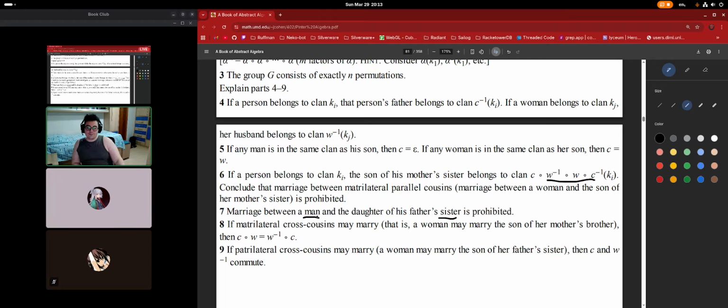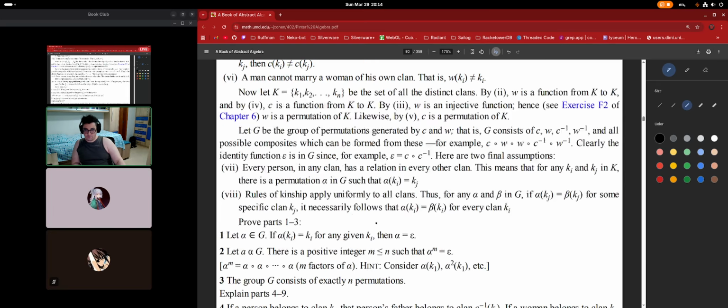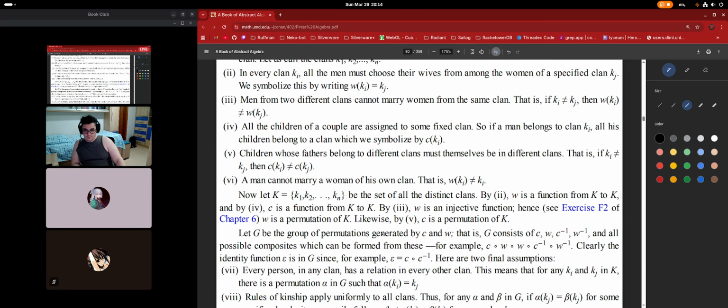That is another way to prove it. But if we prove that that operation gives Ki, then it cannot be done because Ki is the same clan as the man, and because of rule 6, that is impossible.